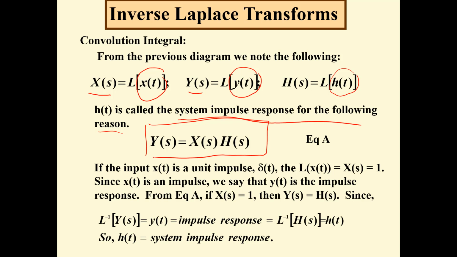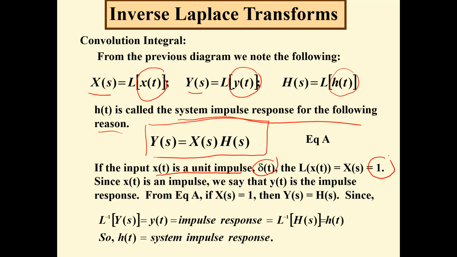Okay, so if we have the input x(t) as a unit impulse, like this, we transform from the unit impulse in the T domain to the unit impulse in the S domain. Since x(t) is an impulse, we say that y(t) is the impulse response.